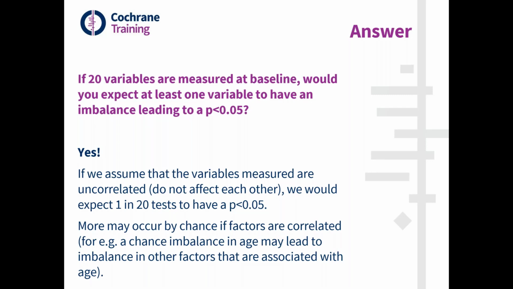So just trying to reinforce that most tables of baseline characteristics report at least 20 variables often, and you would expect to see some p-values less than 0.05, and this is not a cause for concern, this is just chance.